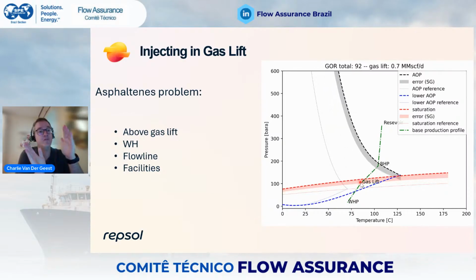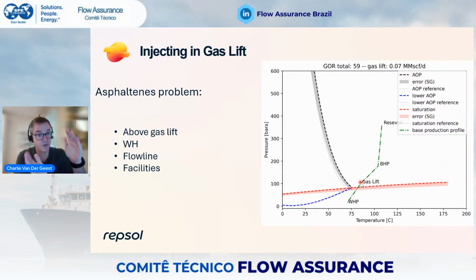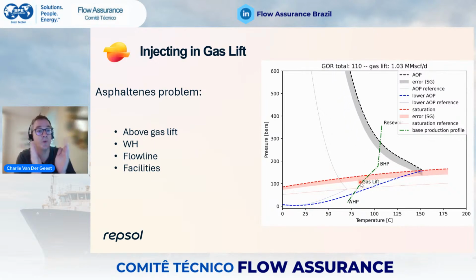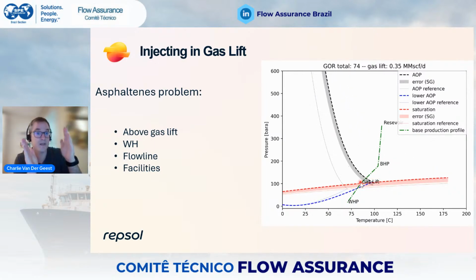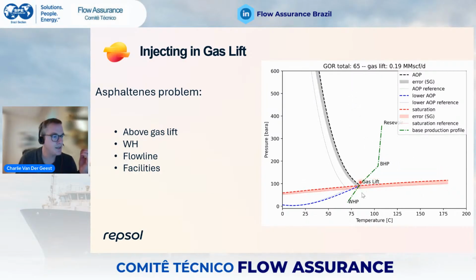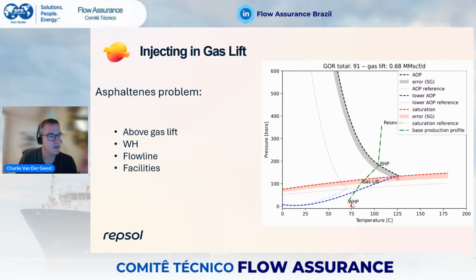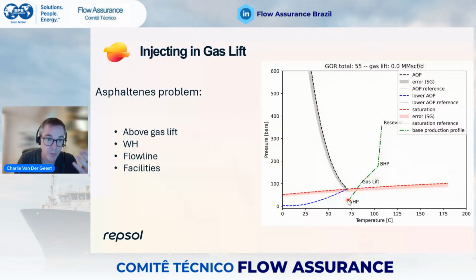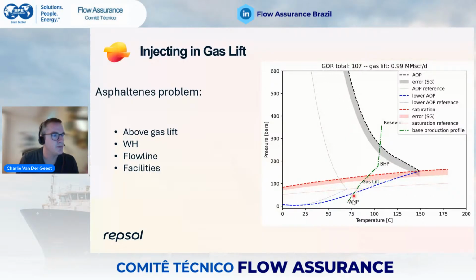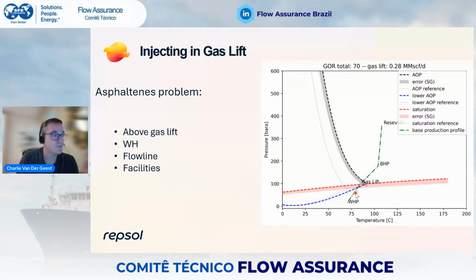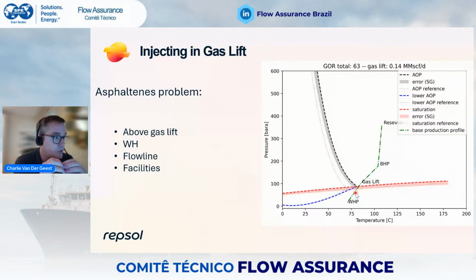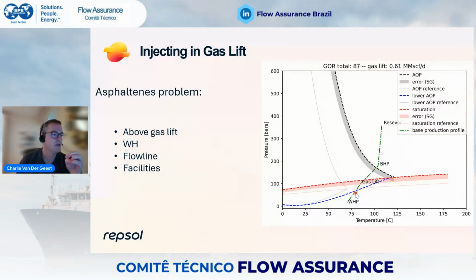If your window starts very close to your facility, then you might have a problem in the facility. If your window starts at the wellhead, then you have a flow line problem. That's the analysis you want to do, because here the wellhead is no longer in the problem window. This is where you might have a problem, and if you are inside the envelope, that's where you need to be really careful.